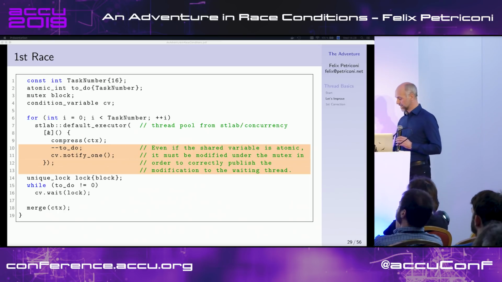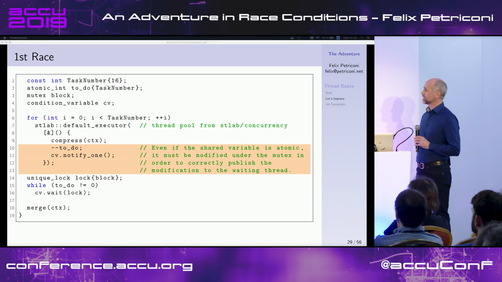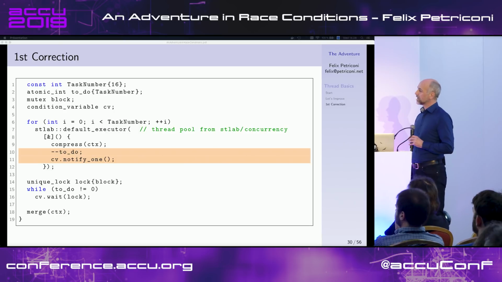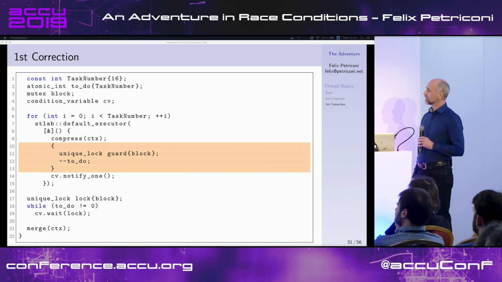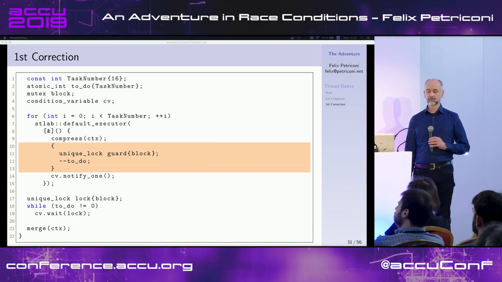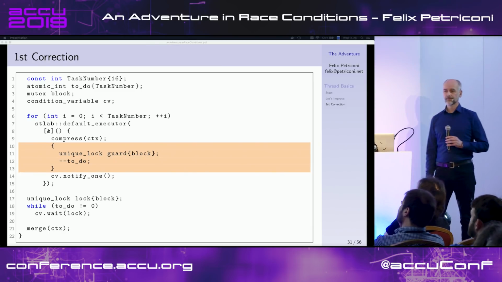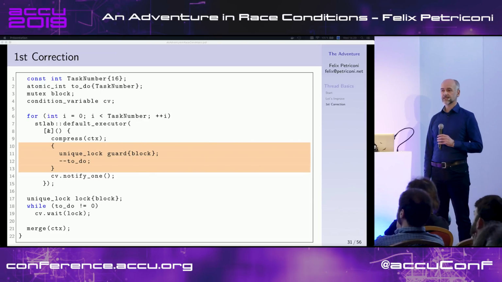Okay? So, I think that's pretty easy to fix. It's a reference to CPP reference on this. And we take this one and change it to this one. Okay? Problem solved. I see that you take many pictures. Of course, you can take them, but all the slides will be available later.